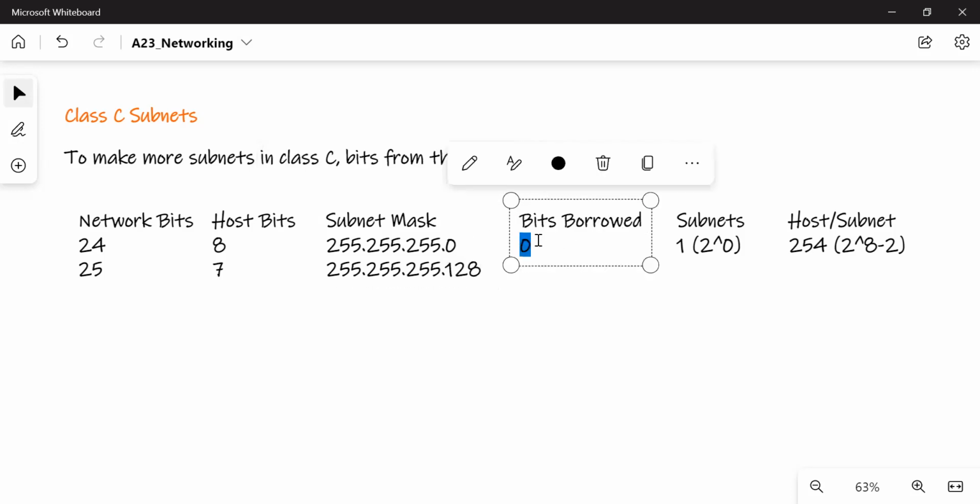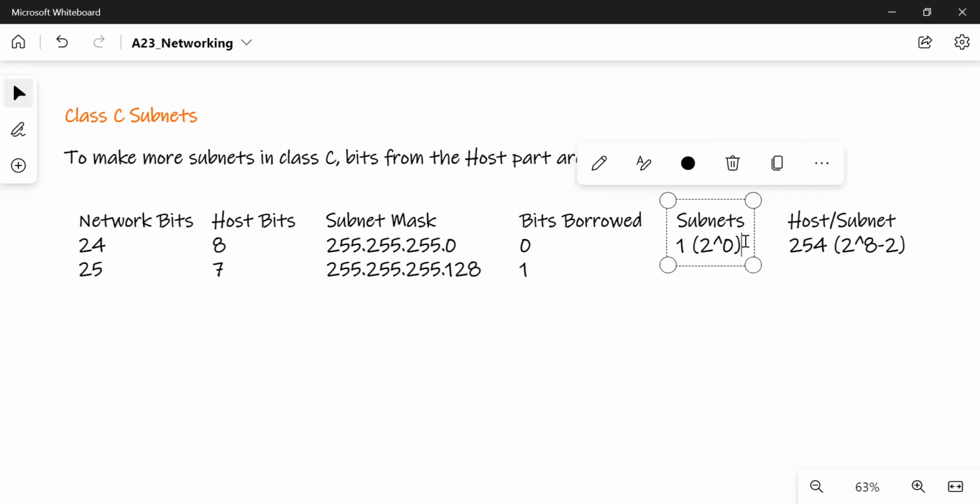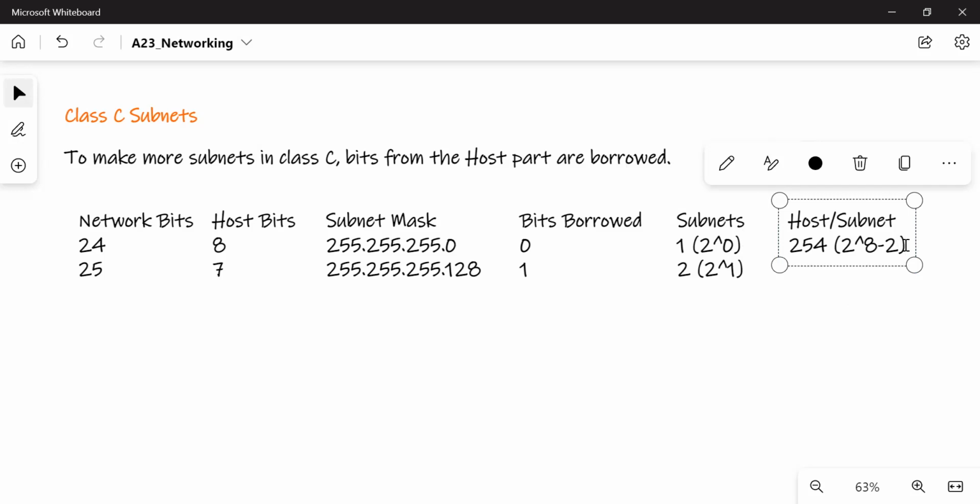And the number of bits borrowed will be 1. And it will divide into 2 subnets, so this is 2 to the power 1. And the number of hosts per subnet becomes 126, because it's 2 to the power 7 minus 2.